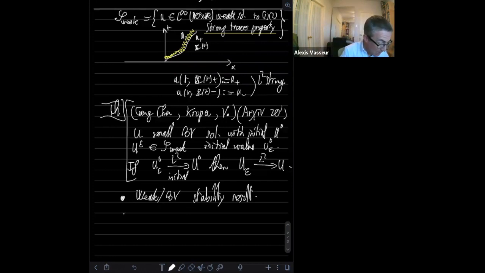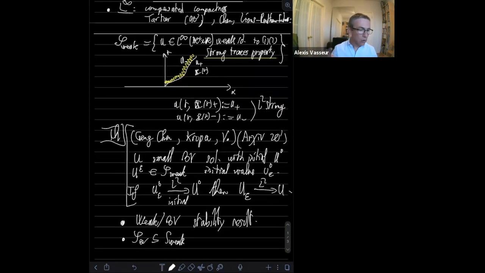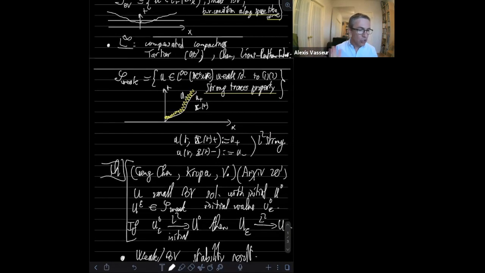Another remark is that because this S weak contains SBV, actually just BV solutions, if you have BV, you are in S weak. This means that it removes the strange condition, I even forgot, of BV along a space-like curve.